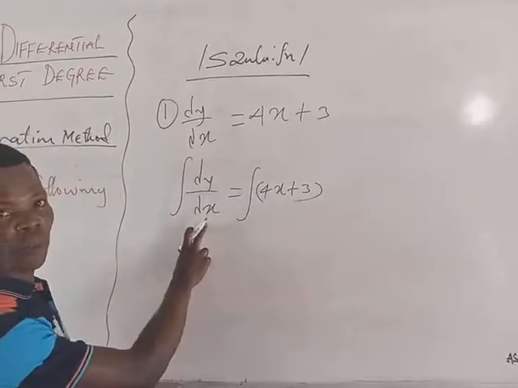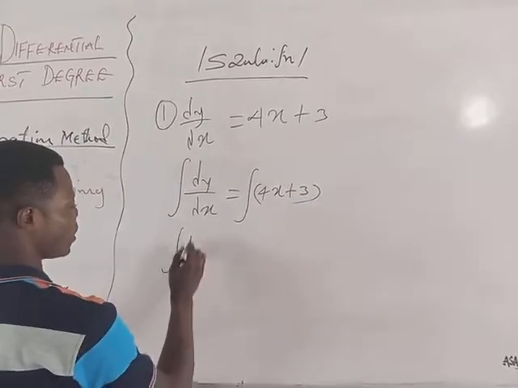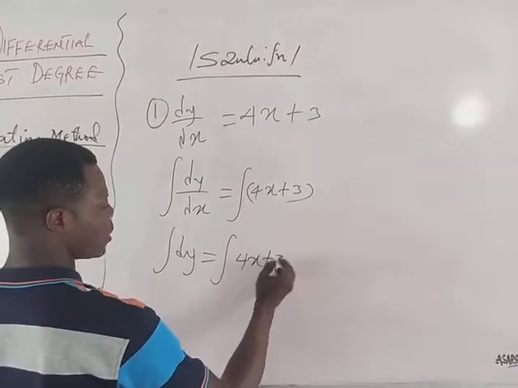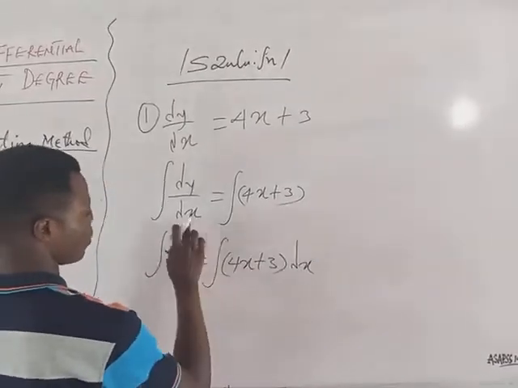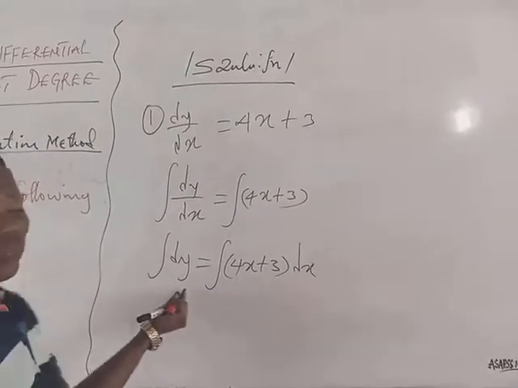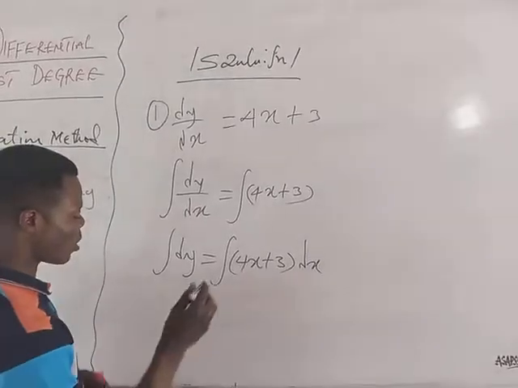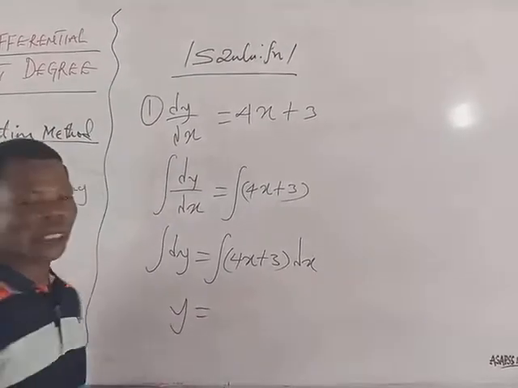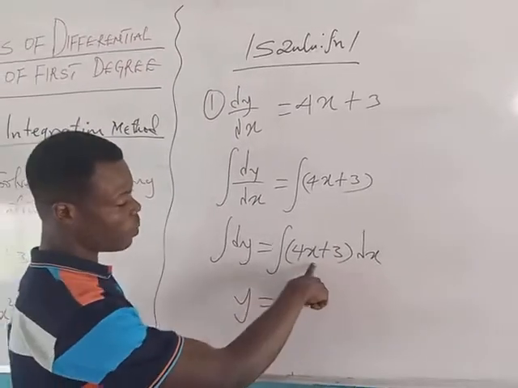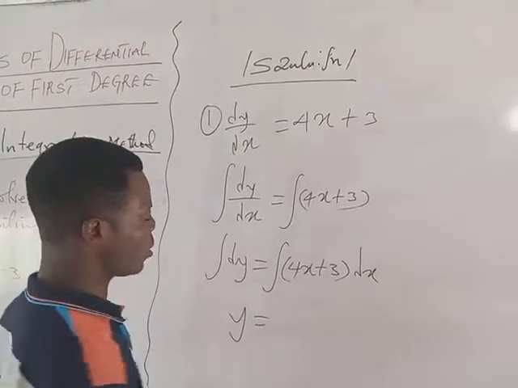And when you cross multiply, you are going to have the integral of dy equal to the integral of 4x plus 3 with respect to x. I've taken this to this side. And if you integrate dy, you are going to have y, which is the dependent variable. Now, the independent variable here is x.